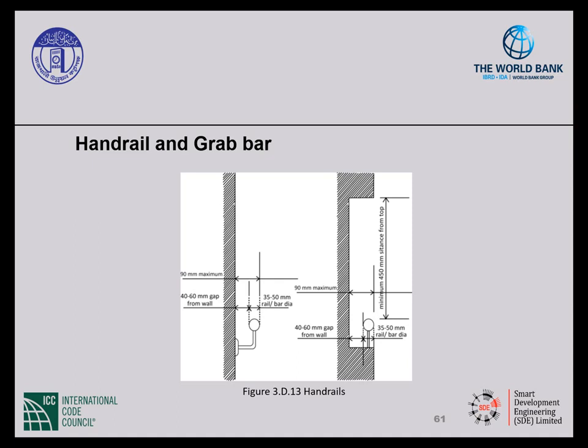The height of a handrail is 850 to 950 millimeters above the floor or the stair nosing. Grab bars vary based on its location. We'll talk about that in a little bit. And both handrails and grab bars should resist a vertical or horizontally applied force of 1.3 kN.